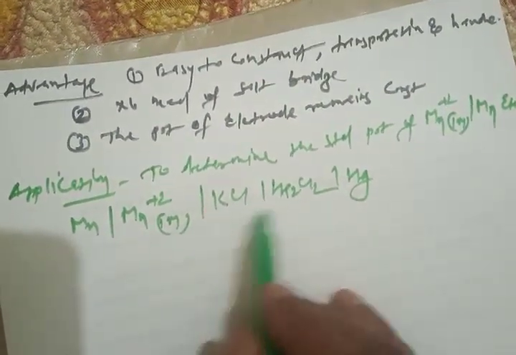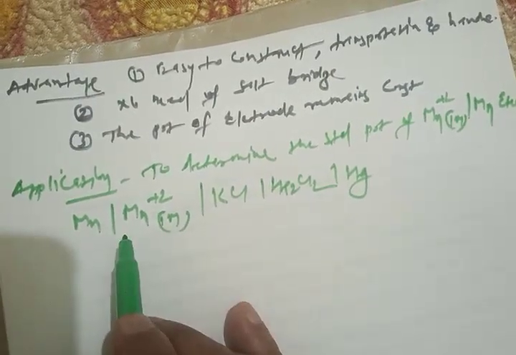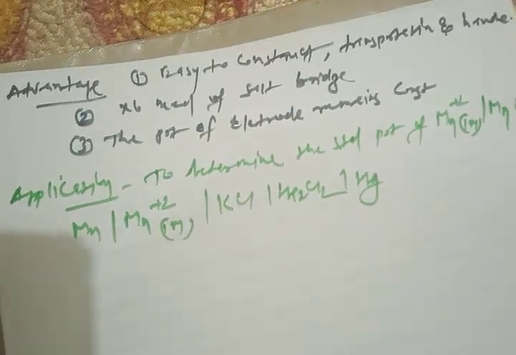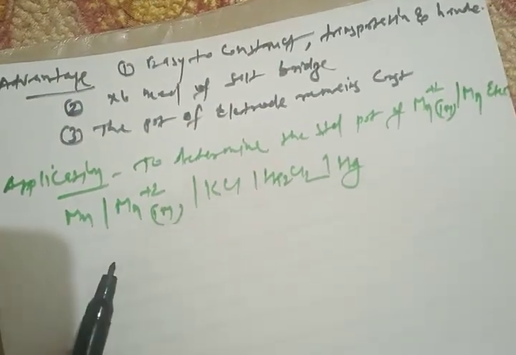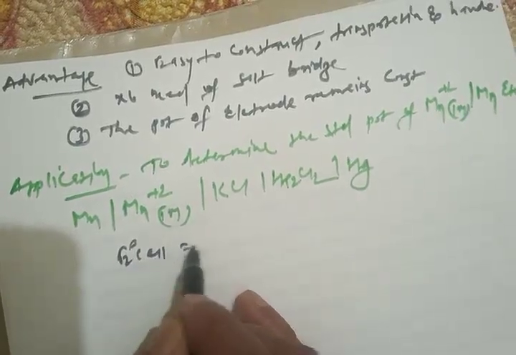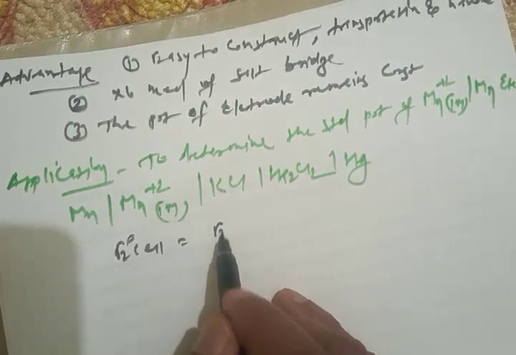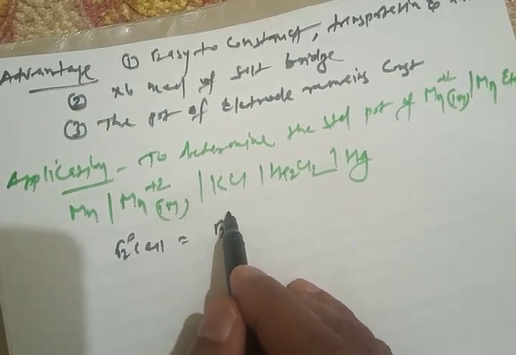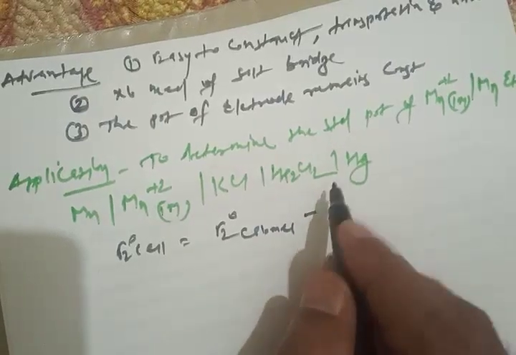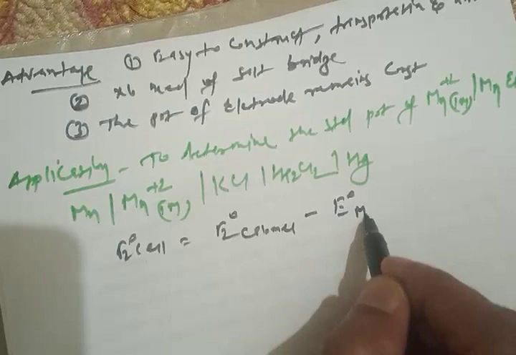This is the calomel electrode, and this is the electrode whose value of E we need to identify, with the help of this formula: E cell equals E of calomel, that is at the right hand side, minus E of Mn.